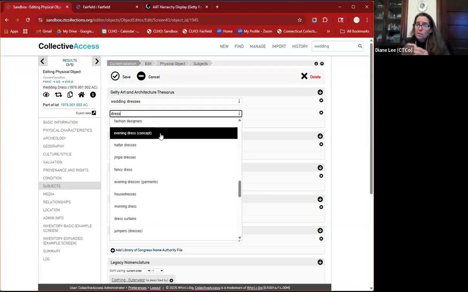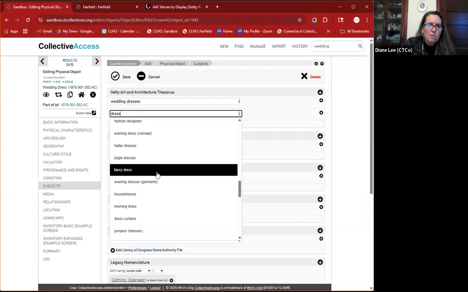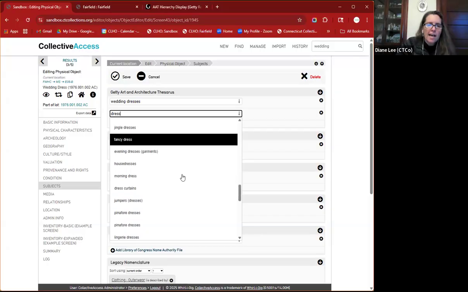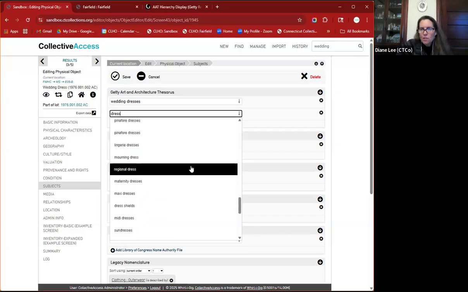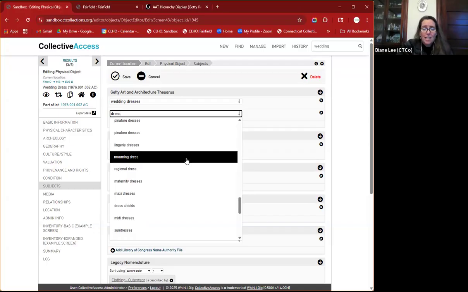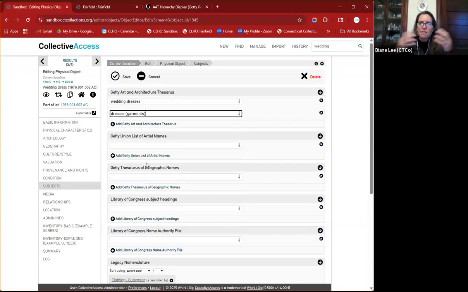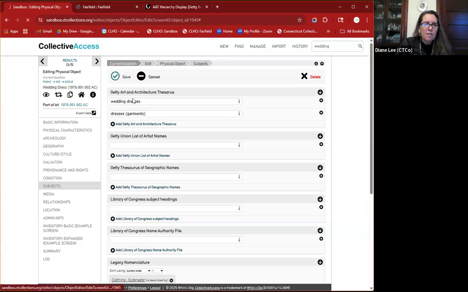Think of it more like that overall Library of Congress topic heading. So what you're going to want to look for is something like evening dresses, garments. I happen to know there's another one. As you do this more, you'll get more used to the terms that you need. Dresses, garments. Exactly, this is what I want. So I just want dresses as a garment, as a topic for this. And you can click save.